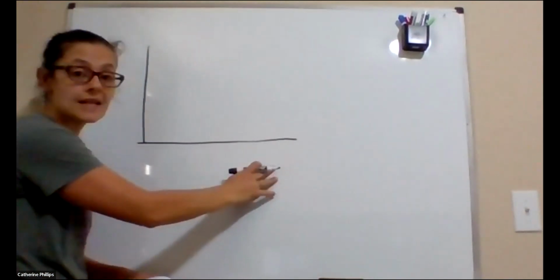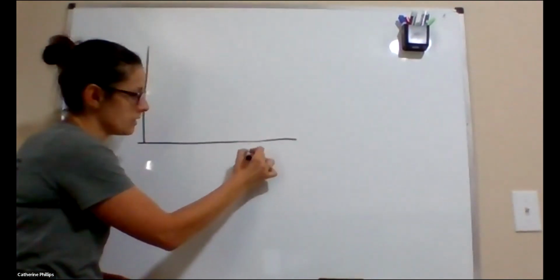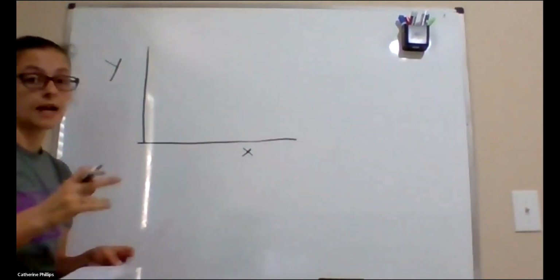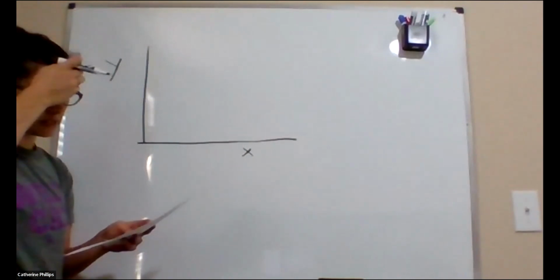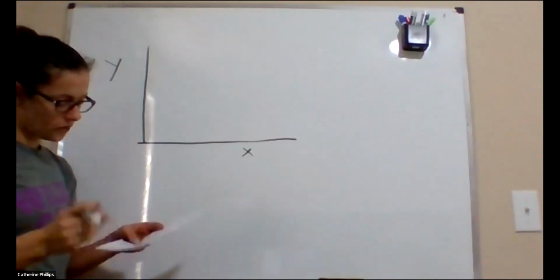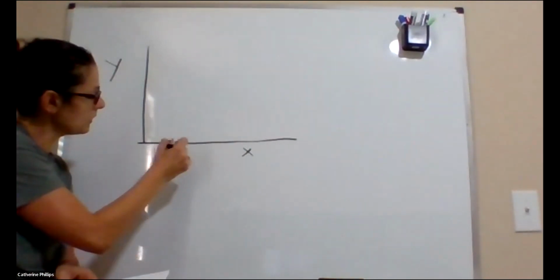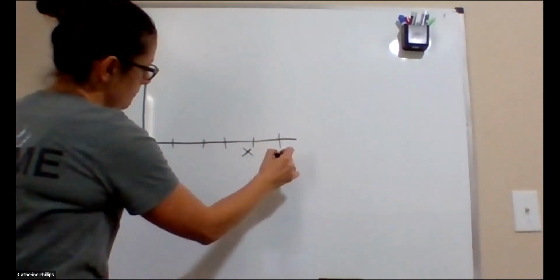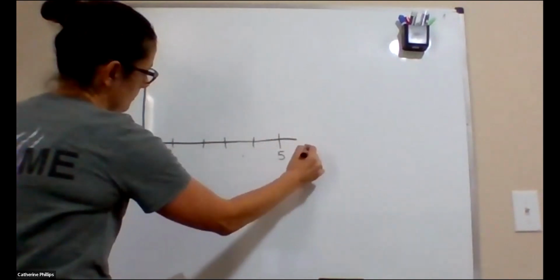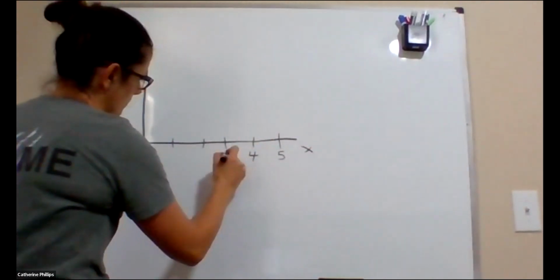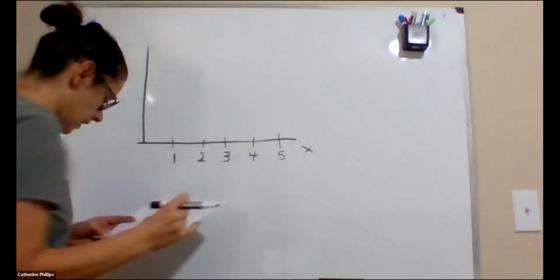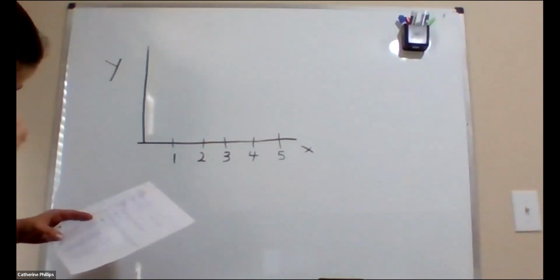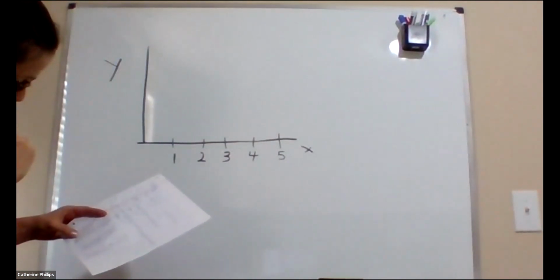We're going to have the x-axis down here, the y-axis up here. On the x-axis, we have women's weight, and that scale goes up to 5. So we have 1, 2, 3, 4, 5. And on the y-axis, we need to go up to 115.